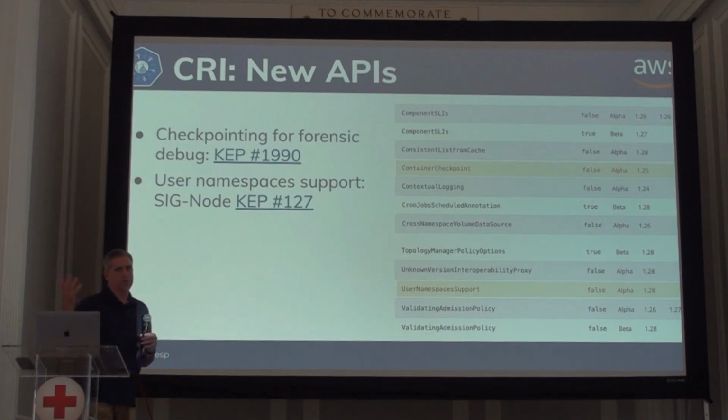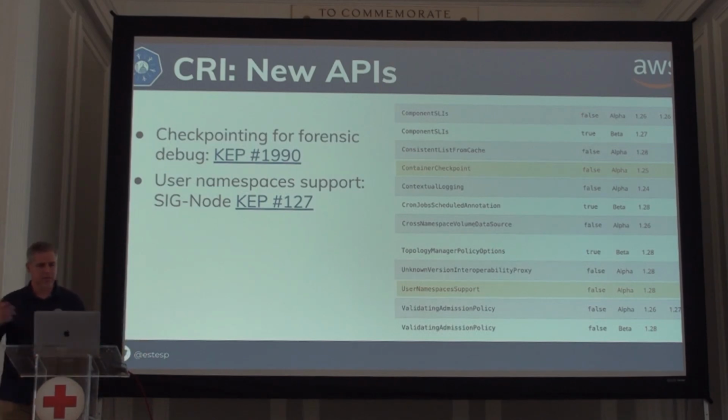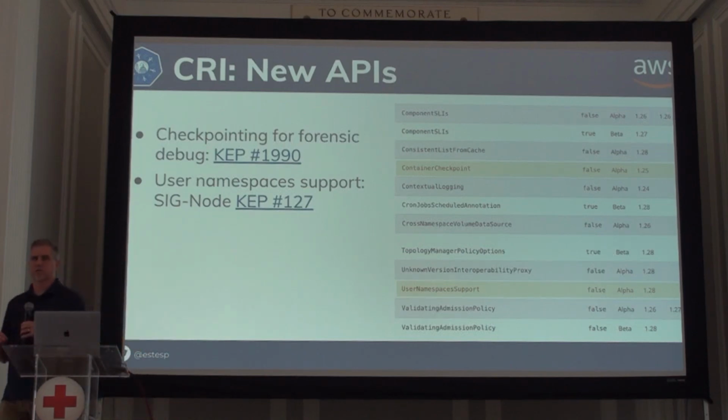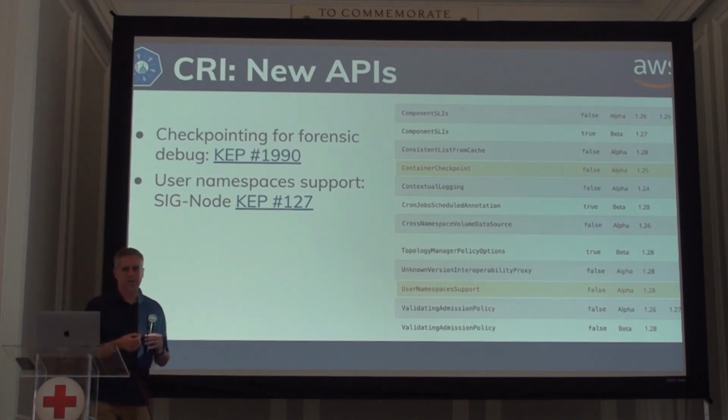So a couple that have come downhill via Kubernetes into the runtimes, into the separate communities where the CRI is implemented, are checkpointing for forensic debug and user namespace support. User namespace support is interesting to me because back when I was contributing to Docker many years ago, I added user namespace support to the Docker engine.